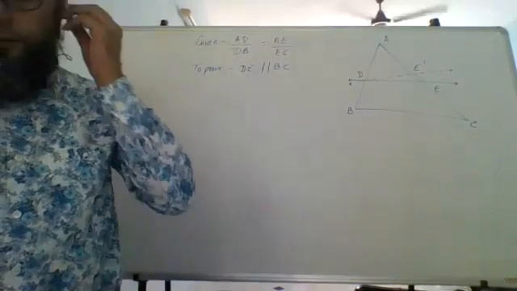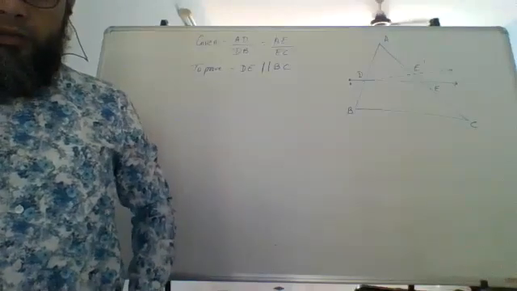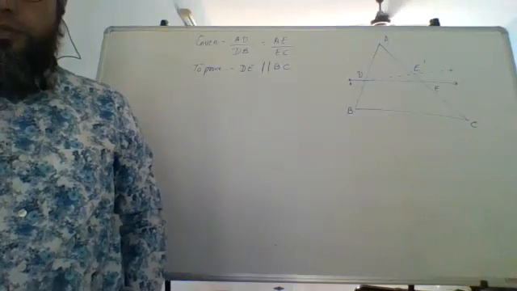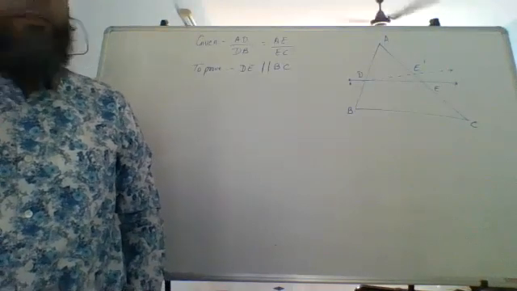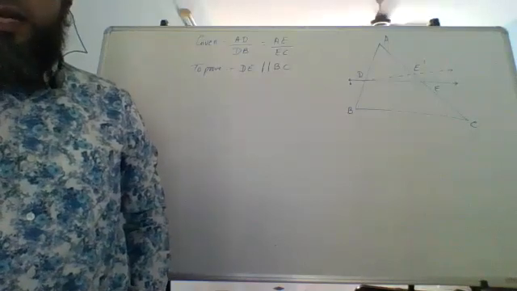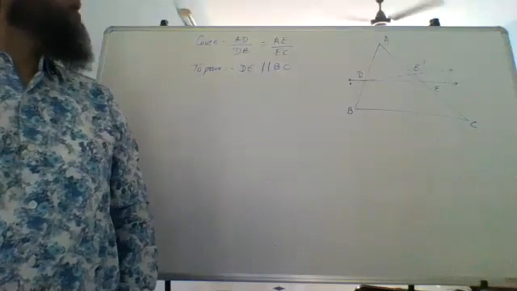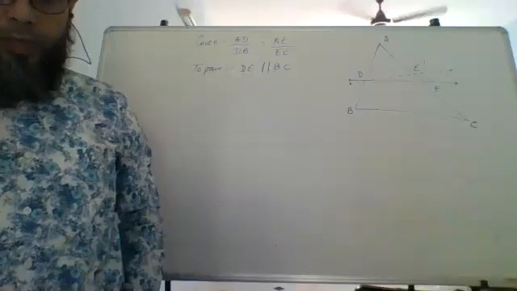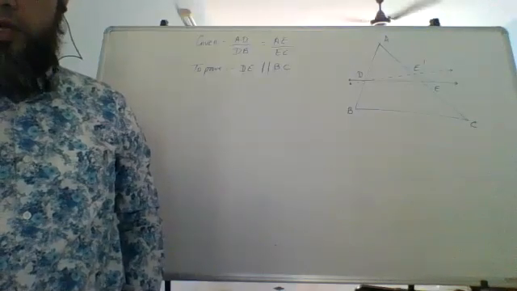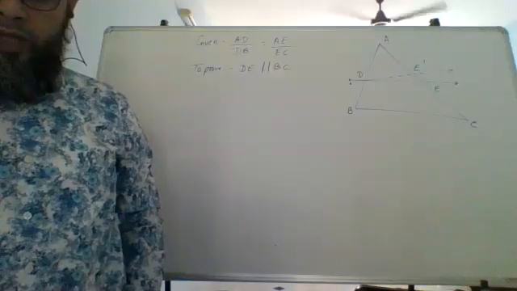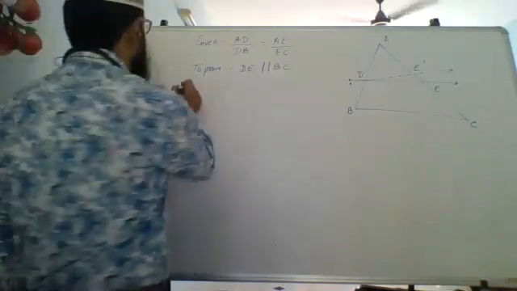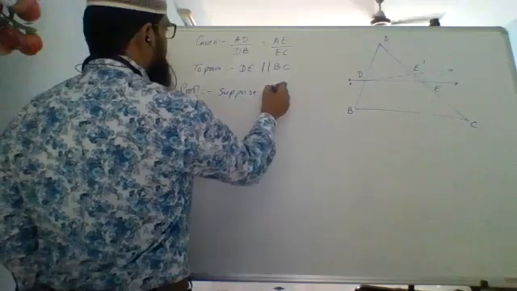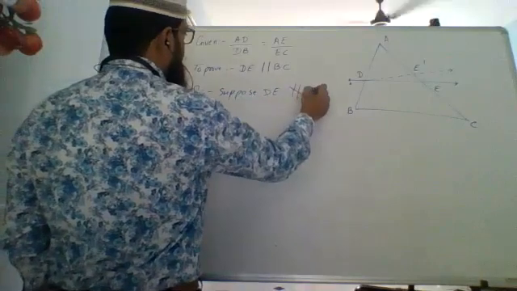Let's write down. Suppose DE is not parallel to BC.